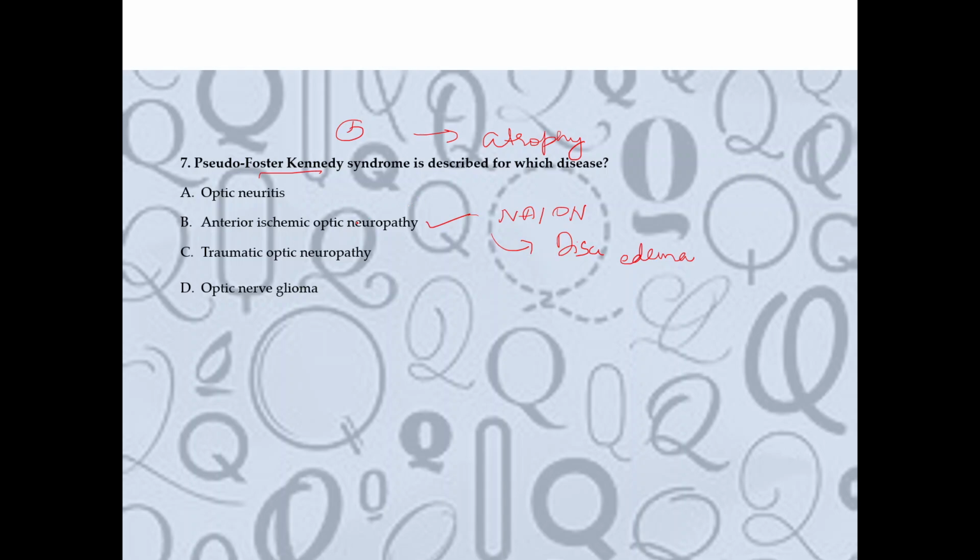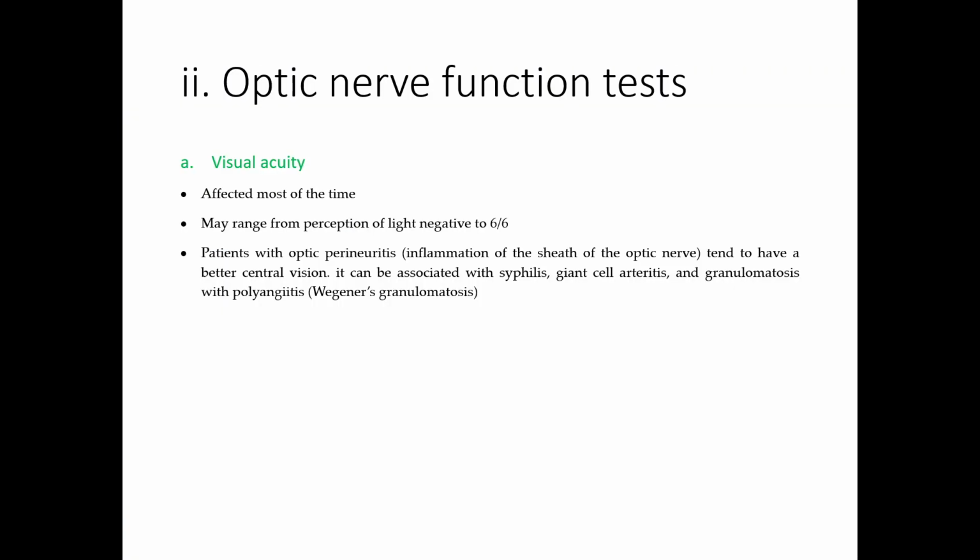Now in pseudo Foster-Kennedy syndrome, the eye with disc edema will have decreased vision and decreased field along with pupillary abnormality, because this is an ischemic optic neuropathy affecting the other nerve. Whereas in Foster-Kennedy syndrome, the eye with papilledema will have normal visual acuity.